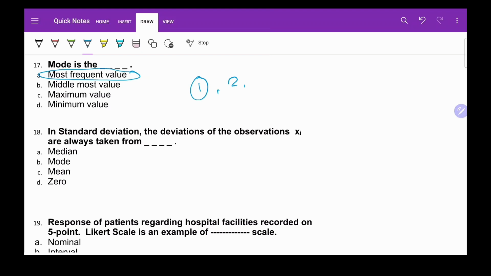But suppose there are two values which are repeated maximum number of times, same number of times, then we can get two modes of that data set. Same if we get multiple items which are repeated same number of times, then we call that data set a multimodal data.